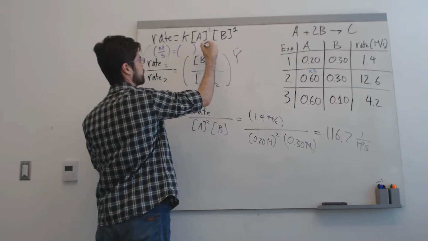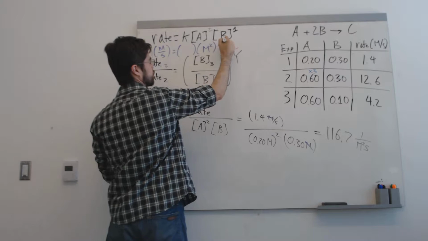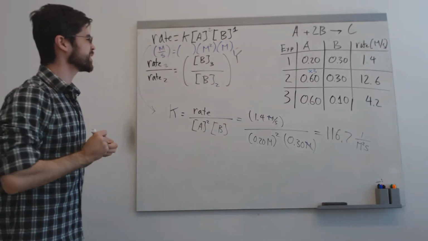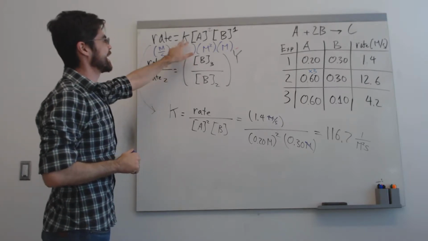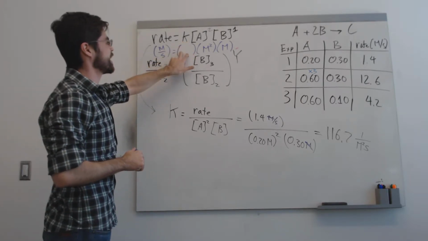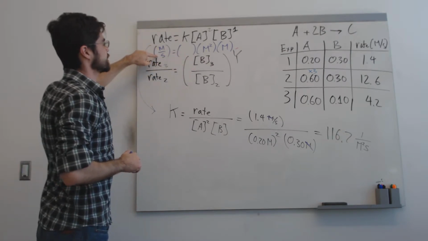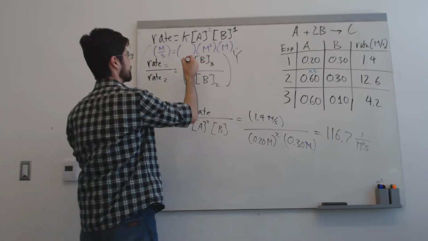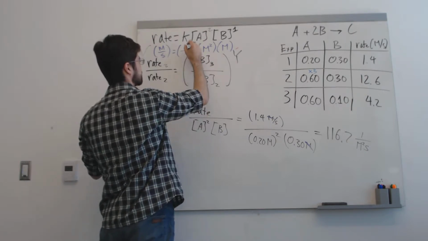I know this term is going to have units of molar squared, and this term will have units of molar. And then you can work backwards and say, okay, what units does the K need to have to give me net units of molar per second? Well, none of these provide me a 1 over seconds, so I know that at the very least K will have to have units of 1 over seconds.